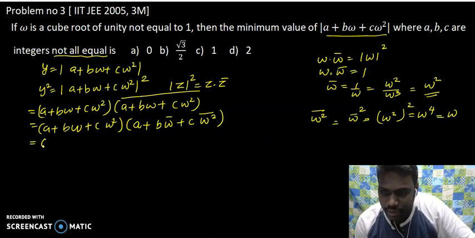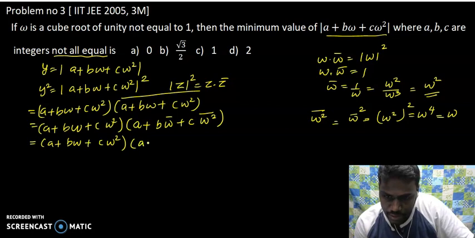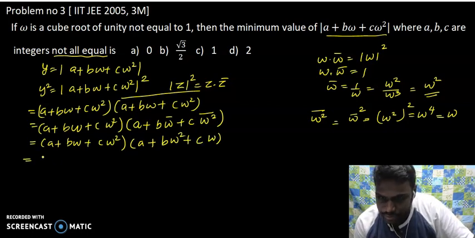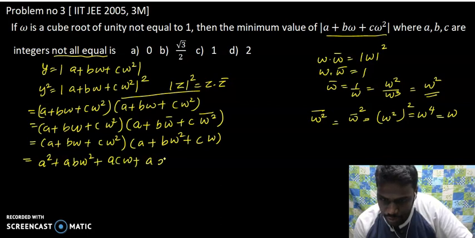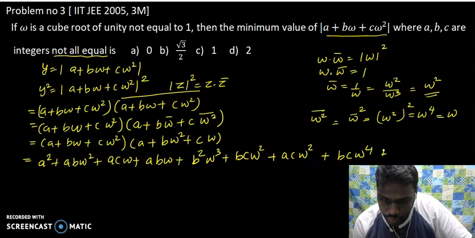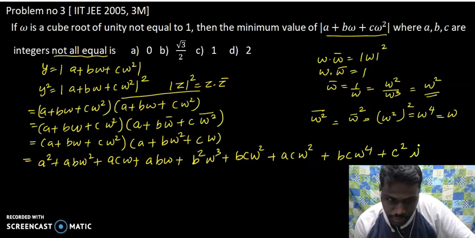Now continuing, a plus b omega plus c omega squared times a plus b omega squared plus c omega. Now expanding this, we get a squared plus ab omega squared plus ac omega plus ab omega plus b squared omega cube plus bc omega squared plus ac omega squared plus bc omega raised to 4 plus c squared omega cube.